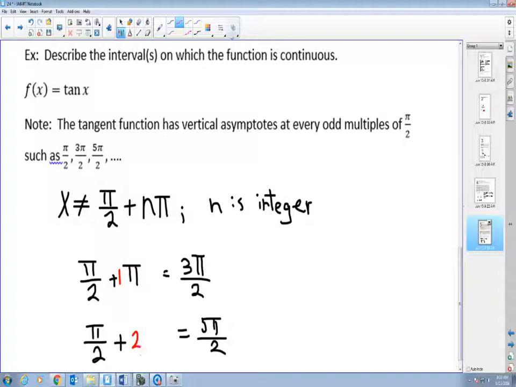If I add 2 pi, 2 times 2 pi is 4 pi, and 4 pi plus pi makes it 5 pi over 2. That's what the integer n is here for. If the integer n is 0, that would just be pi over 2, my starting point. Pi over 2, 3 pi over 2, 5 pi over 2.